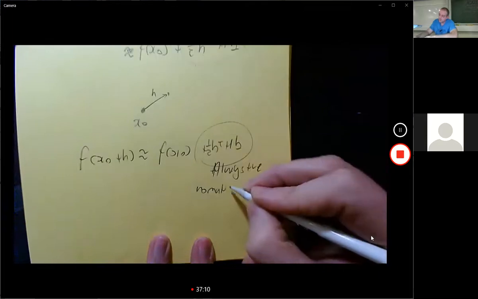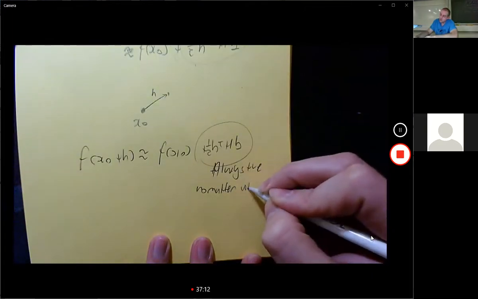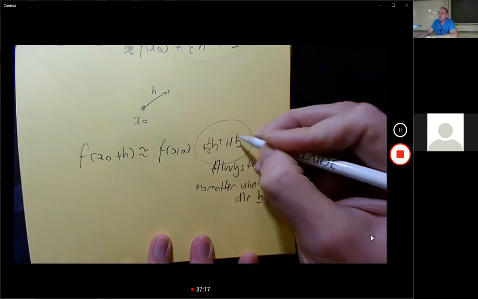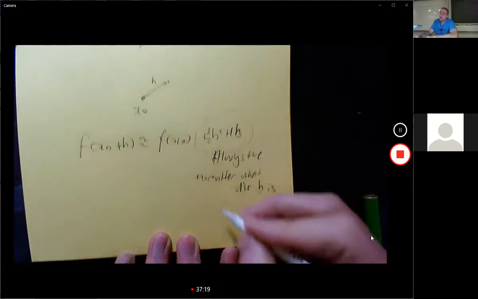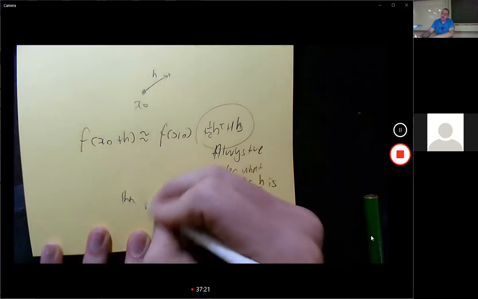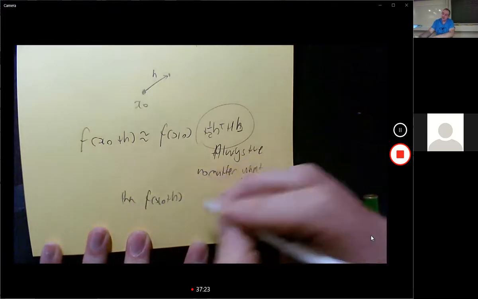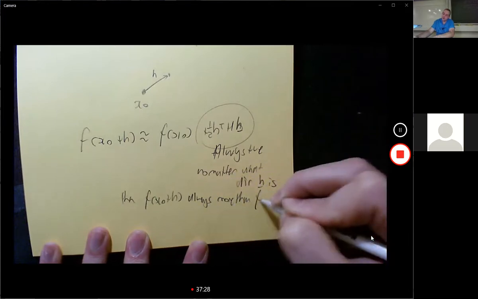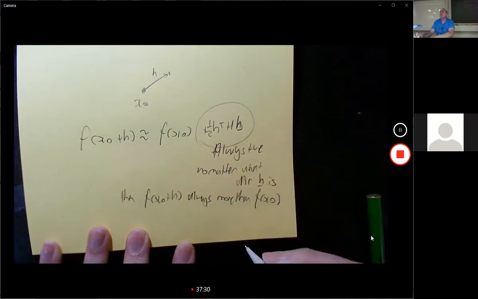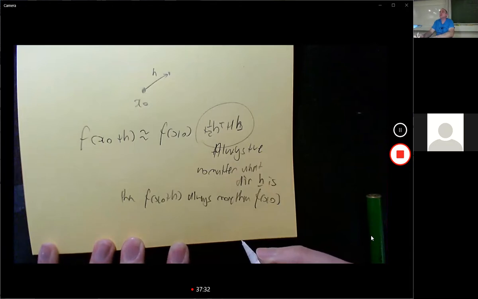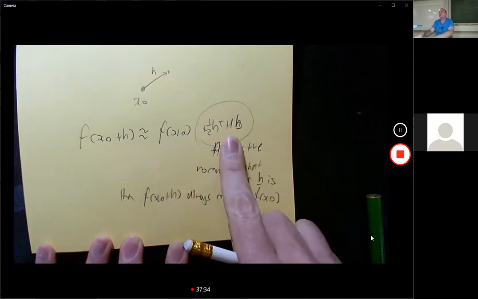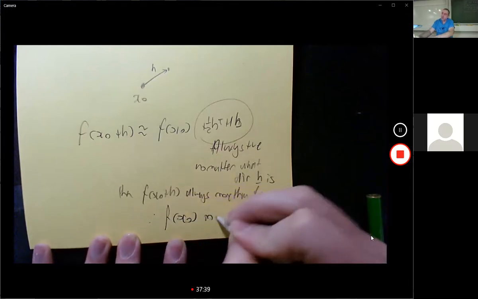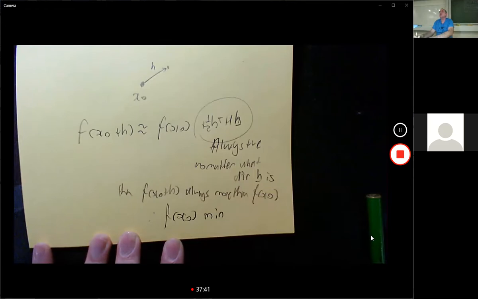If this is always positive no matter what direction h is, because h is a vector, then f of x naught plus h is always more than f of x naught. Because it's x naught plus a bit. And so therefore f of x naught is a minimum because everything nearby is bigger.